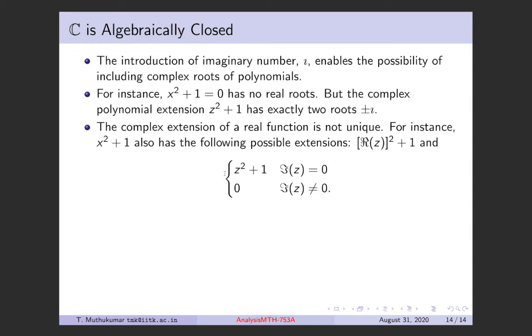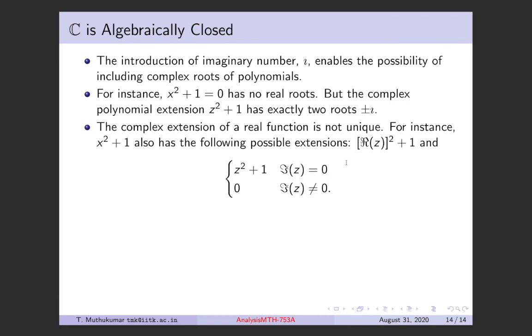Another possibility is this extension where it is z square plus 1 when the imaginary part of z is 0, and when the imaginary part of z is non-zero, you just put 0. So this again is an extension which, when restricted to the real numbers, is x square plus 1, but outside the real line it's actually the 0 function. So these are all possible extensions. When we say I'm going to look for roots of a complex extension, why is z square plus 1 the right, or natural, or nice extension, and not these extensions which I have given here?